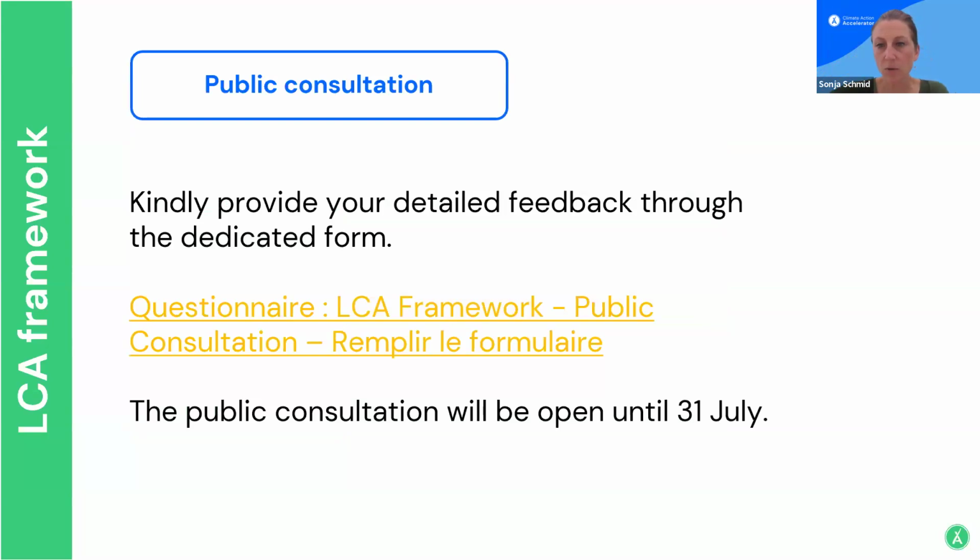So as mentioned, we would like to get your inputs on this framework. There's an online questionnaire available, and I would really like to encourage you to participate in the survey, in the public consultation.